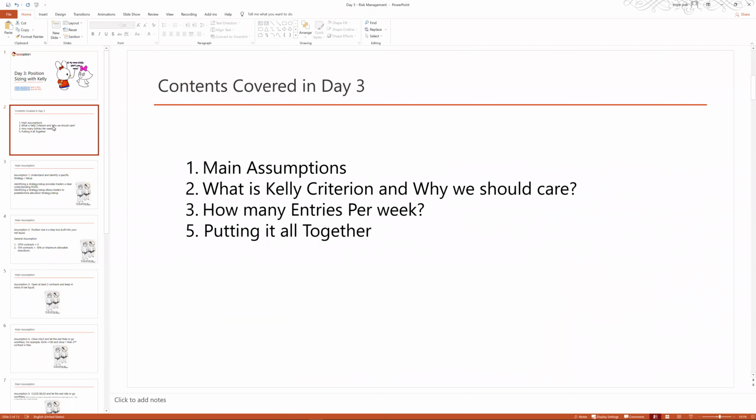Okay, so Kelly Criterion is super important when you're using risk, whether it comes to sports betting or just general risk management. You need to understand why and how. So in day two, we covered the ideal setup.